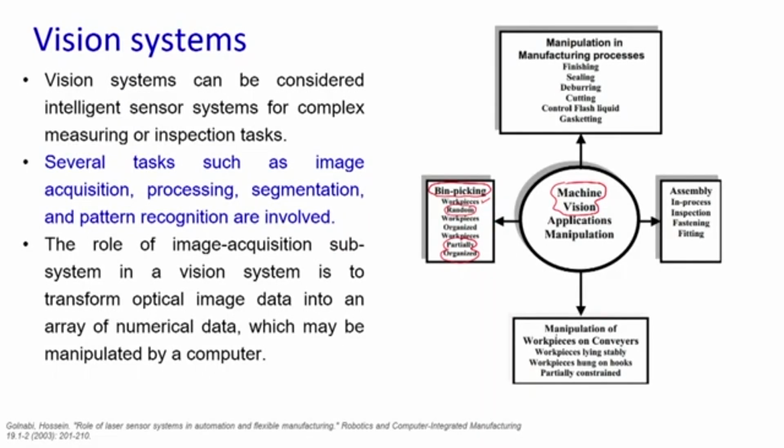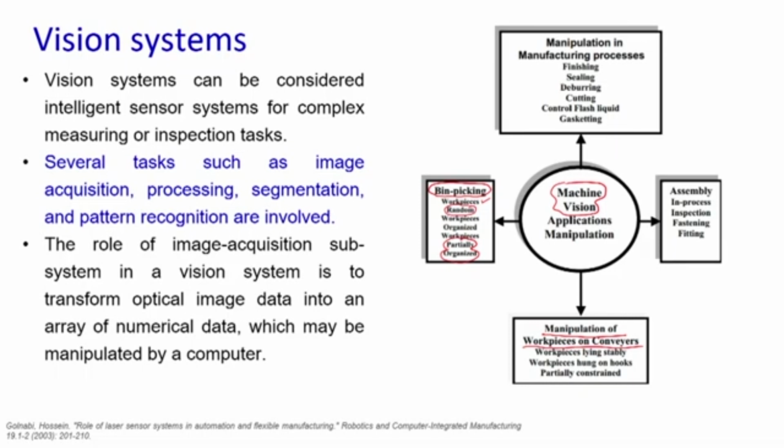The second application of machine vision is in manipulation of workpieces on conveyors. A lot of conveying operations are done in the manufacturing industry. Lots of parts, products, assemblies, subsystems and finished products move on the conveyor system to be transformed into the final product. When they are moving, the workpieces may be lying stably on the conveyor, or hung on hooks, or partially constrained.